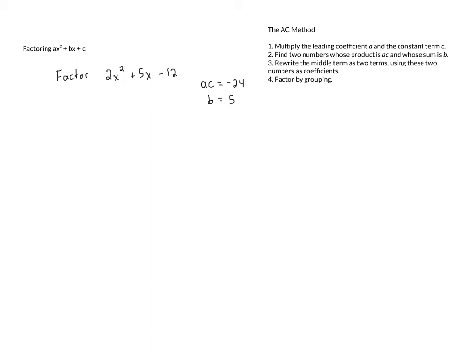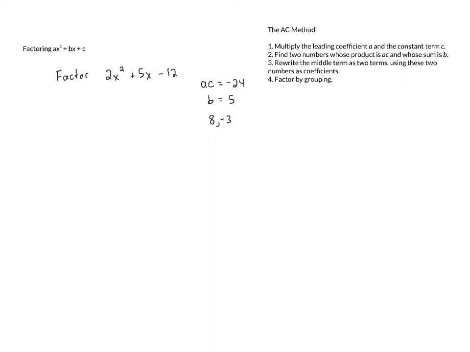Now those numbers actually end up being 8 and negative 3. 8 times negative 3 gives us negative 24, and 8 plus negative 3 gives us 5. Hopefully at this point you're good at finding these 2 numbers because you've had some practice.